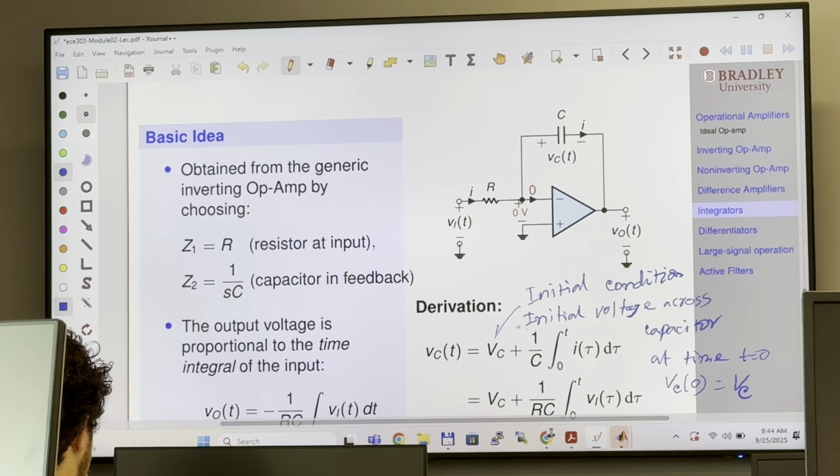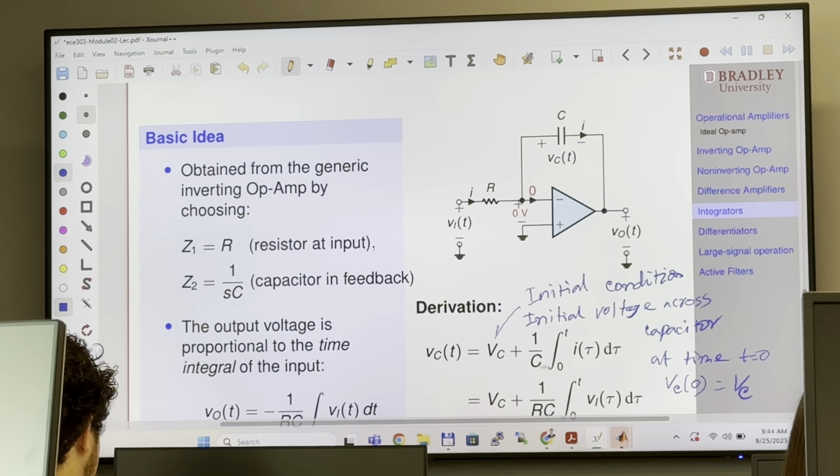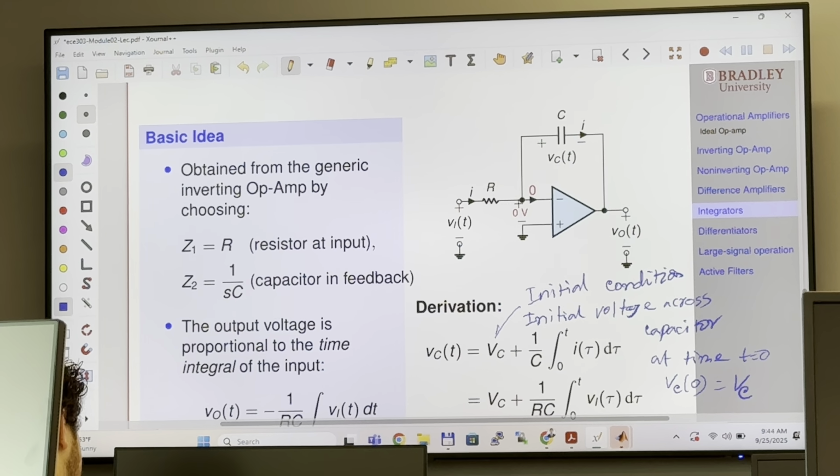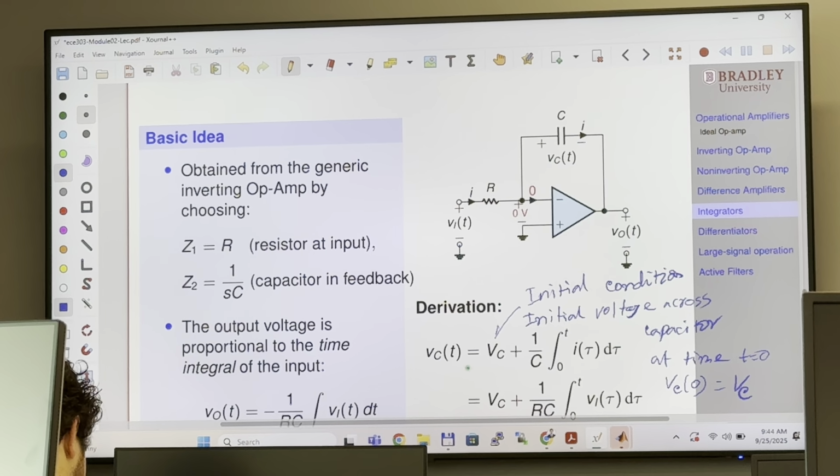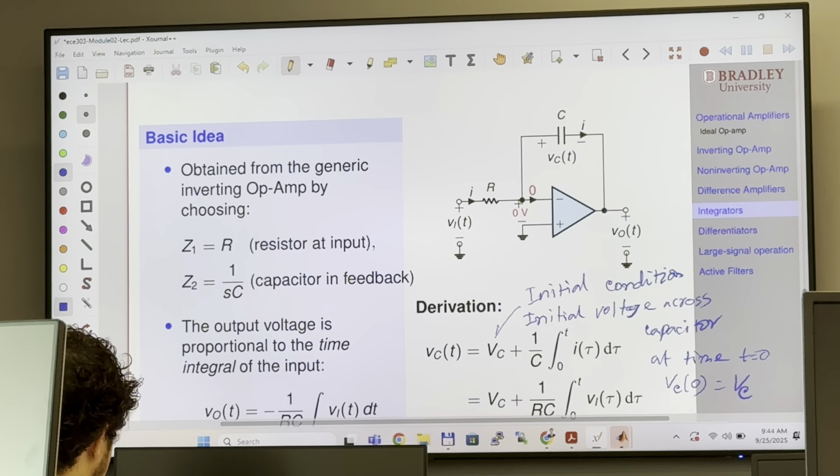So this is the initial condition, and then the voltage is going to be induced across this capacitor. If current flows into this capacitor, voltage is going to be developed, and that voltage is going to be 1 over C times the charge stored in the capacitor from time 0 to t.